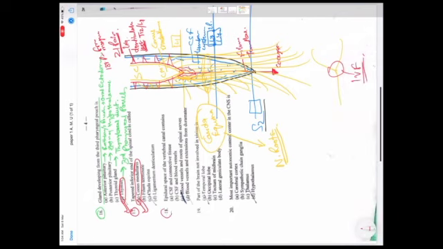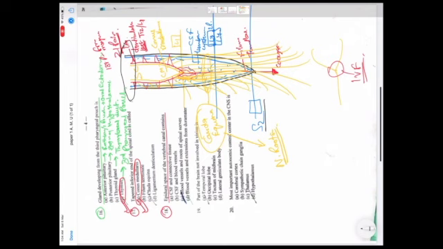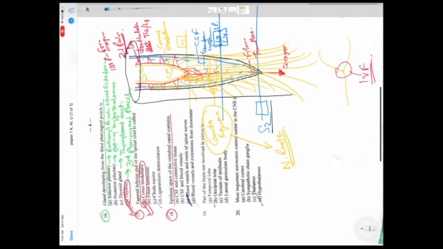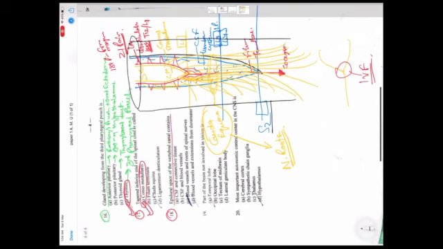Next question is, the epidural space of the vertebral canal contains. So in the above diagram, let's presume that this is the vertebral canal, right?